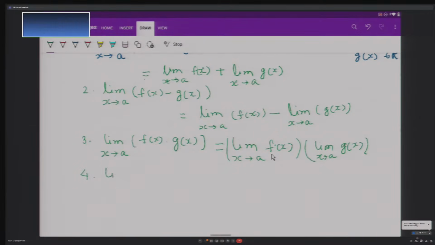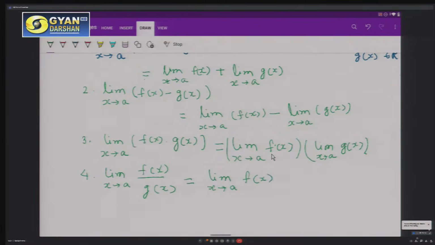For division also, f(x) upon g(x) will be equal to limit x tends to a f(x) divided by limit x tends to a g(x).